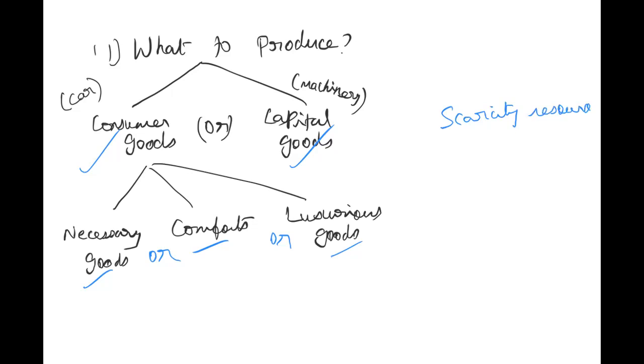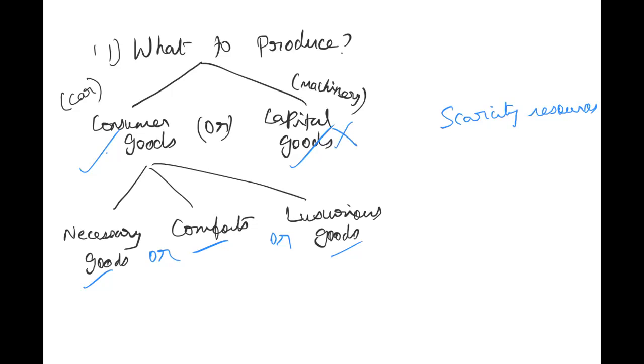If the country decides to produce consumer goods, then it has to sacrifice the production of capital goods. It cannot produce both simultaneously. We have already seen that a resource can be used only for one type of commodity, so the country has to make a choice. Problem of choice is the basic problem.